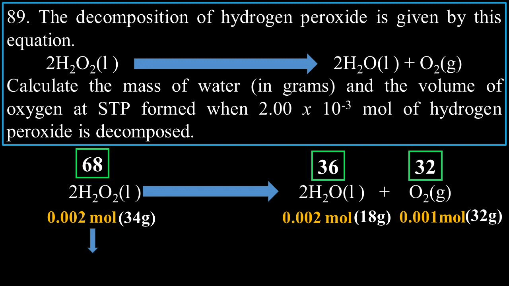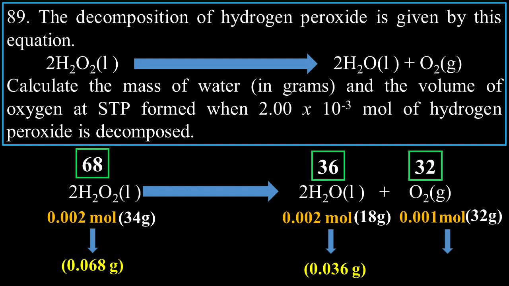And then I'm going to convert that to 0.068 grams. So in other words, I'm multiplying 0.002 times 34 grams, 0.002 times 18 grams, and 0.001 times 32 grams.